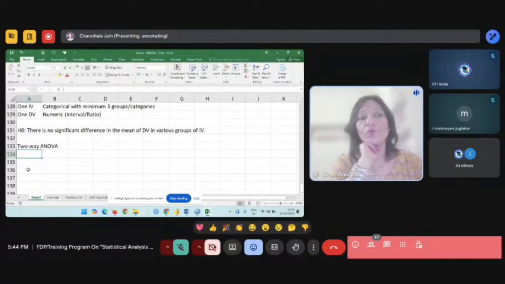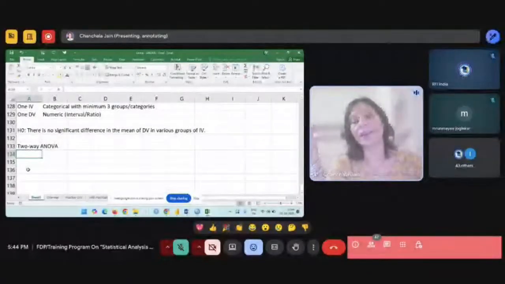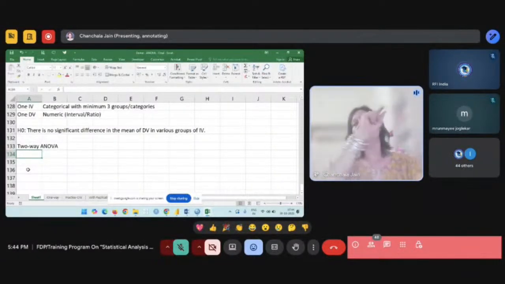When I talk about two-way ANOVA, it is like you will have a two-way division of the data. One way will be one categorical variable and the other will be the other categorical variable. One variable will be in the row, one variable will be in the column, right? And you will have the value of the numeric variable for that. That way you are going to perform two-way ANOVA.